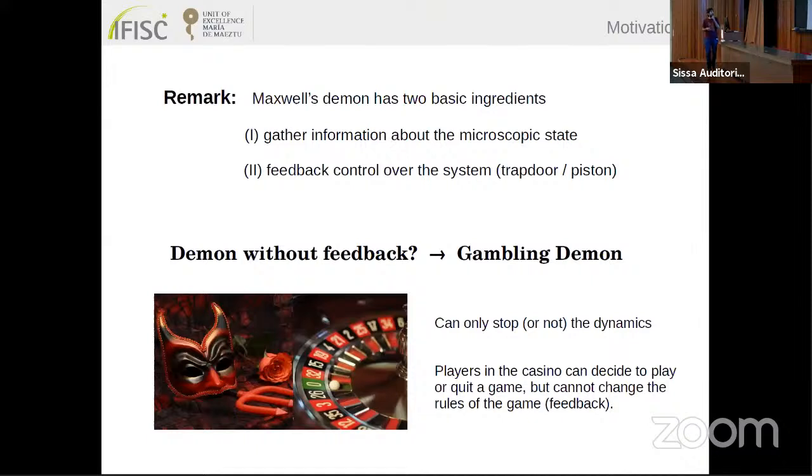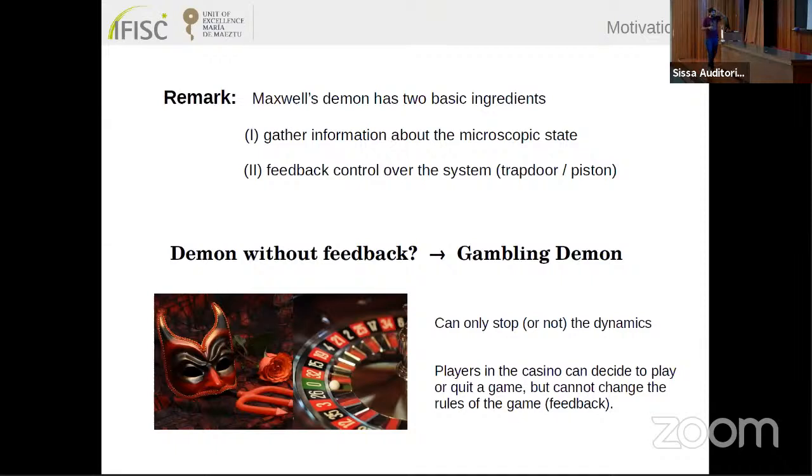And the question that we ask in our work is essentially what happens if the second ingredient is not present anymore. So we consider what happens if the demon is not allowed to perform feedback control, but is only allowed to stop the dynamics. So it's only allowed to do this minimal action of stopping the dynamics at some convenient time.